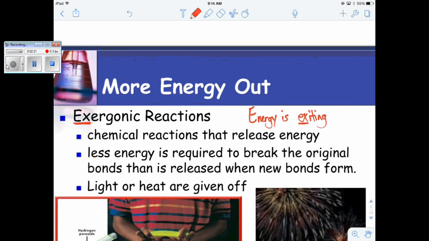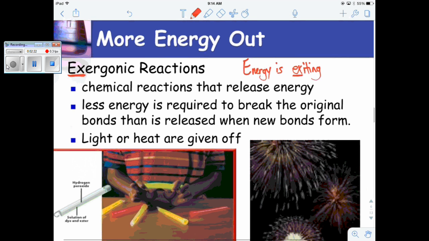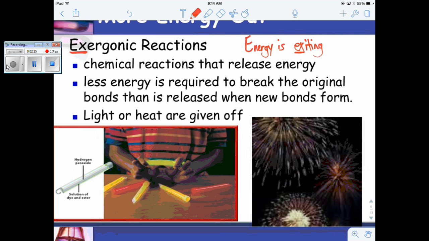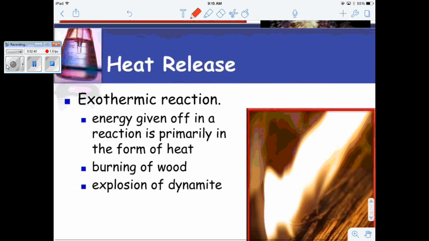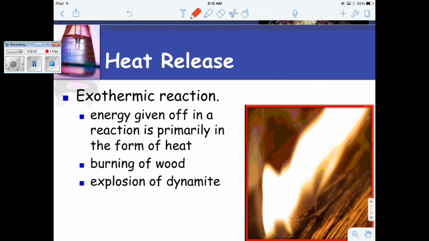Examples are fireworks, or when you break a glow stick. Less energy is required to break the original bonds than is released when new bonds form, so light and heat can be given off. More specifically, when heat is given off, you're also going to have to know this: exothermic.